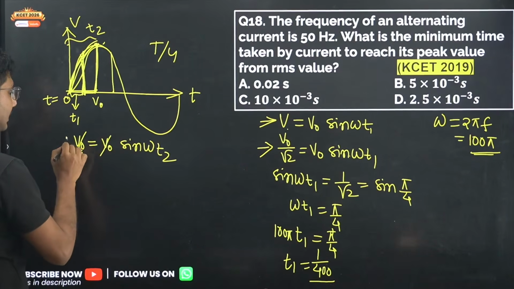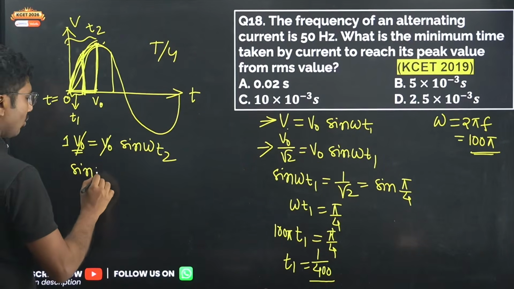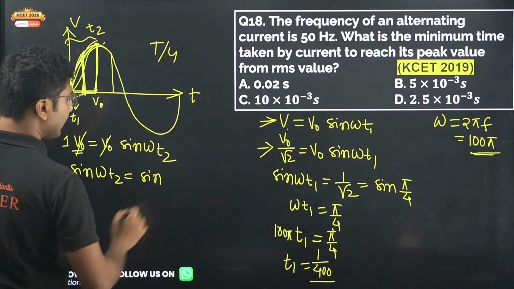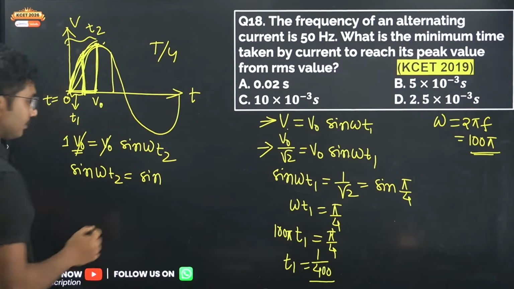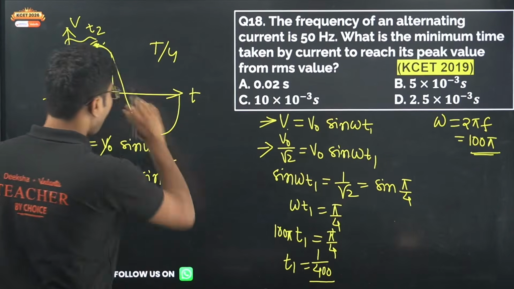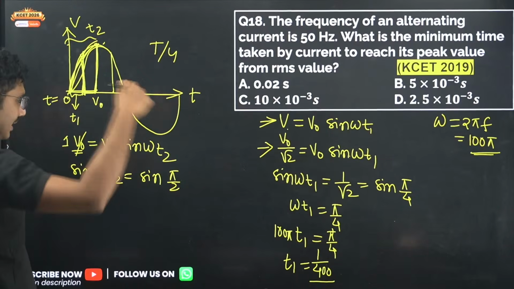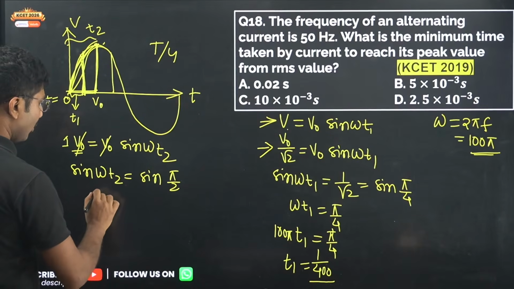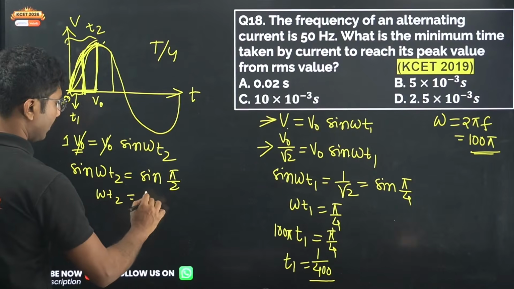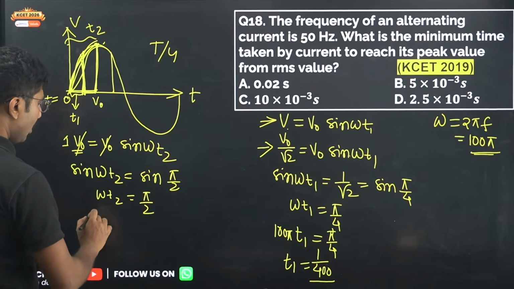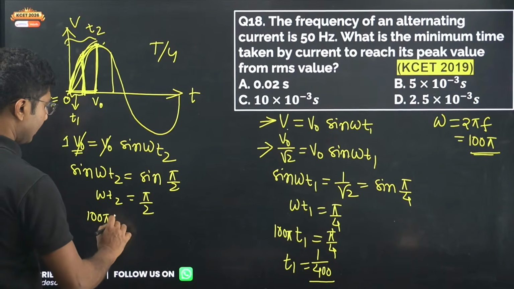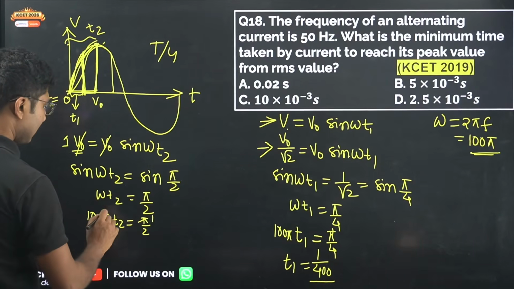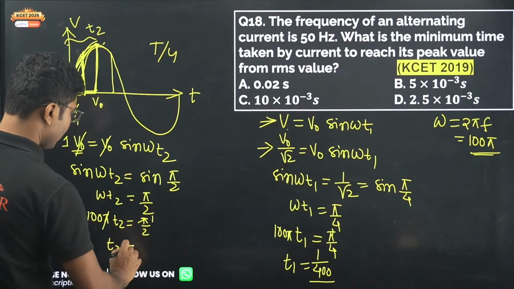V naught cancels, and we get sine omega t2 equals sine 1. Sine 1 means it is either pi by 2 or, at a later stage, minus pi by 2. We take the positive value pi by 2. So omega t2 equals pi by 2, or 100 pi t2 equals pi by 2, pi cancels, and we get t2 equals 1 upon 200.